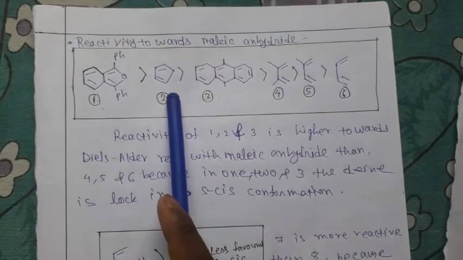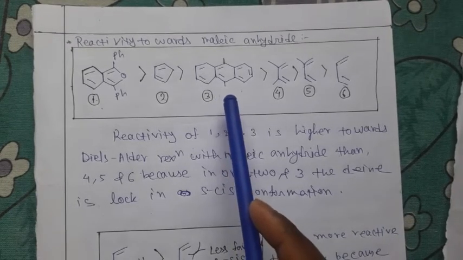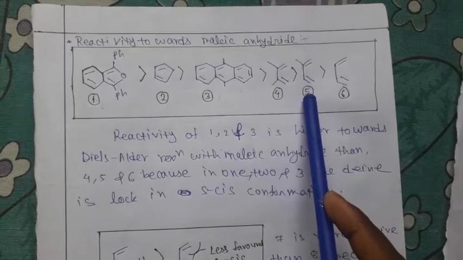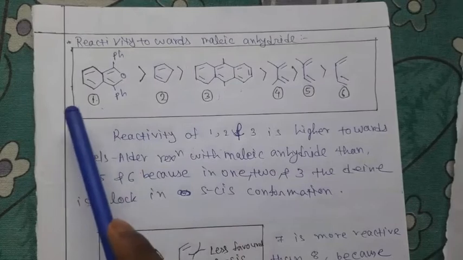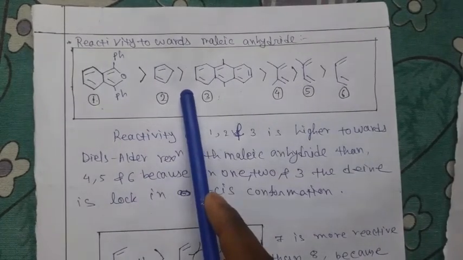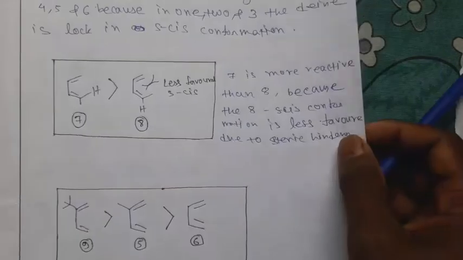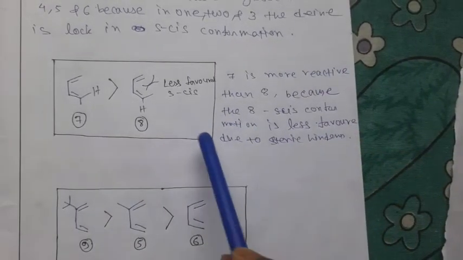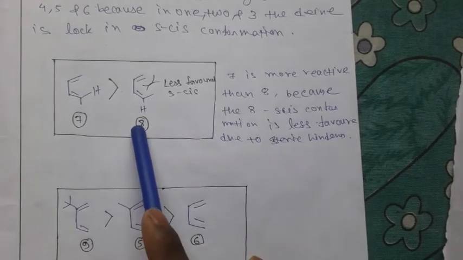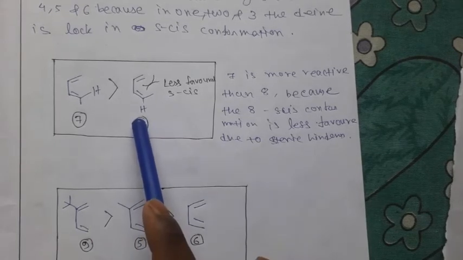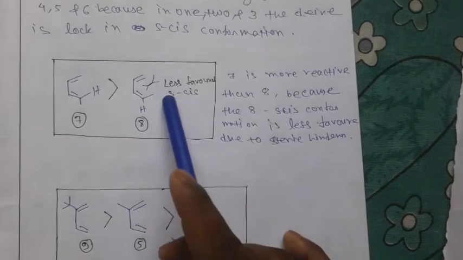For example, the reactivity of 1, 2, 3 is higher towards Diels Alder reaction with maleic anhydride than 4, 5, 6 because in 1, 2, 3 the diene is locked in the S-cis conformation. Compound 7 is more reactive than compound 8 because in compound 8 the S-cis conformation is less favored due to steric hindrance.